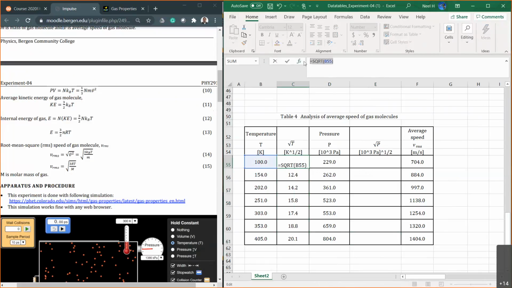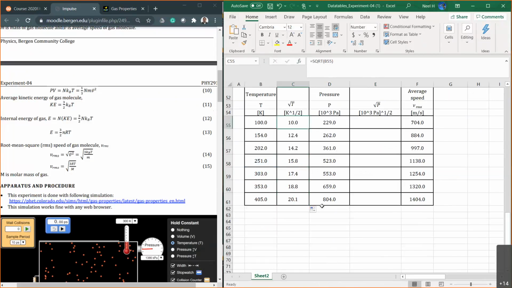So for each different type of calculation you have to show that work, or use it in the discussion. So this is how I'm doing the square root of temperature, and say T to the power 1/2. And then the pressure we can do the same way, equal sign SQRT and the pressure value.